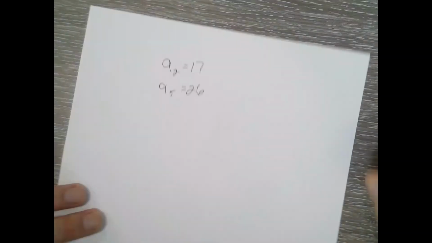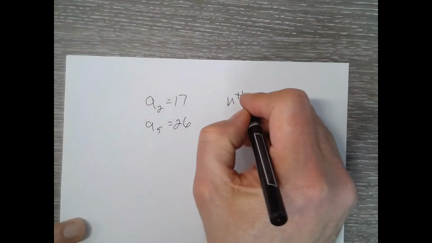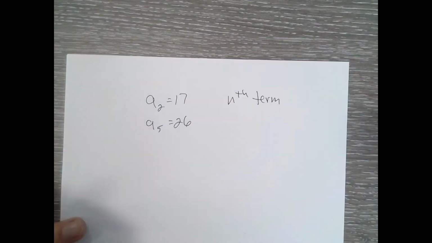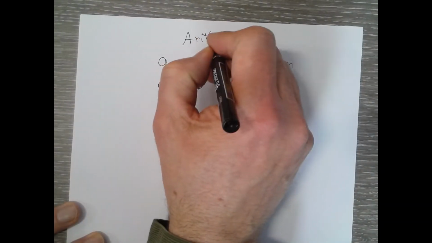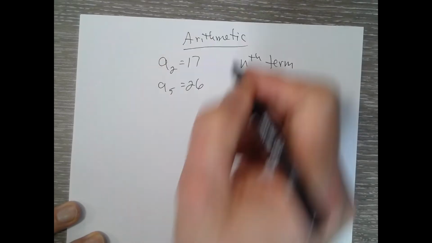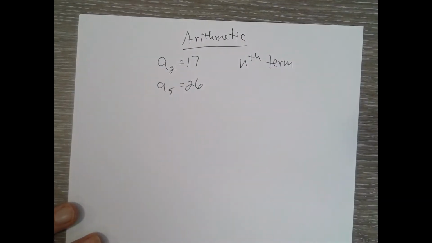Now I want to find the nth term. Okay, different type of problem. It's still an arithmetic sequence, and we want to find the nth term. With enough time and enough thought, I have confidence that everyone in the room here could eventually figure out what the common difference is.